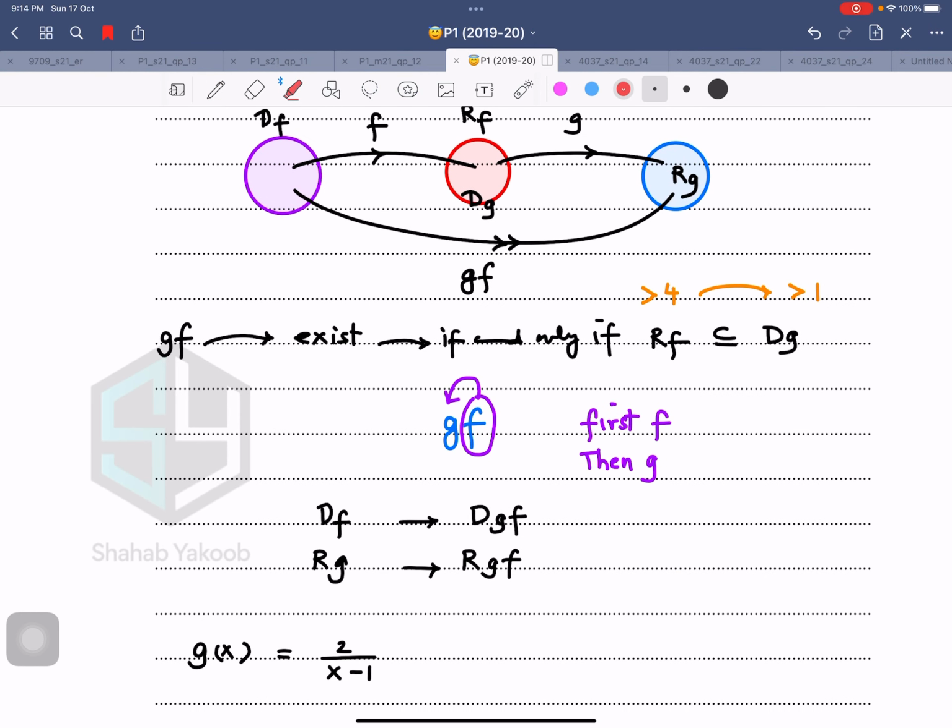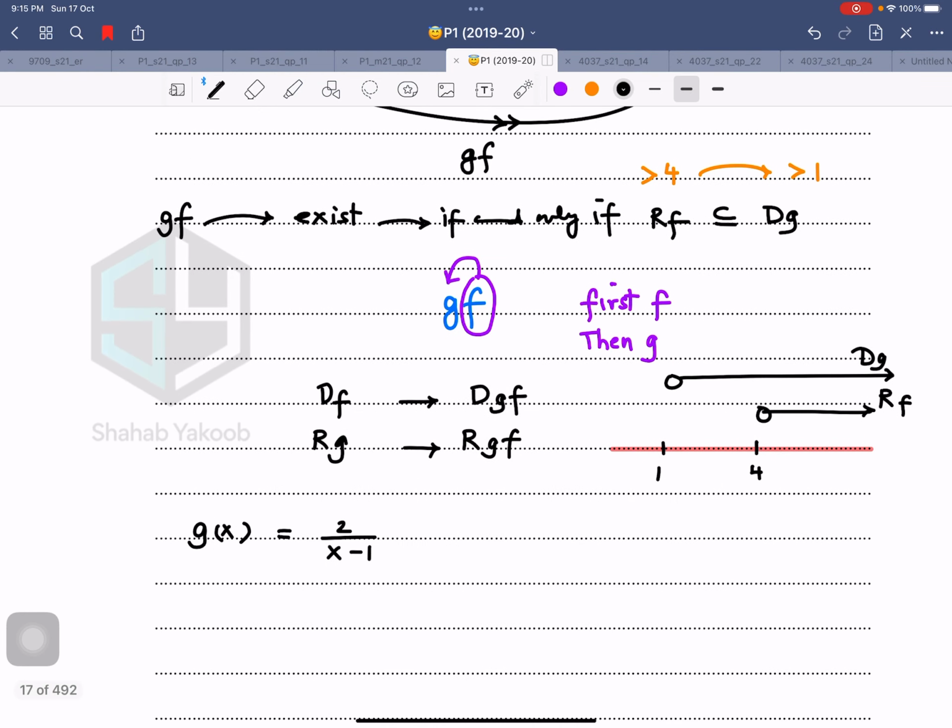Range of f is like this. So range of f is greater than 4. So this is 4 and this is the range of f. And this is 1. This is the domain of g. Is the range of f a subset of the domain of g? The answer is yes.